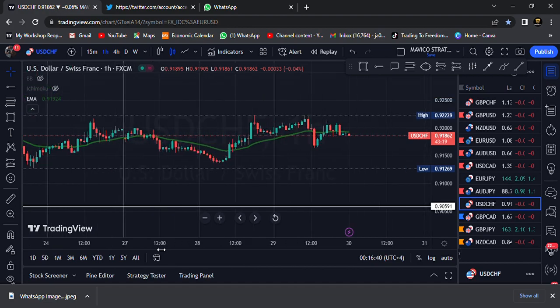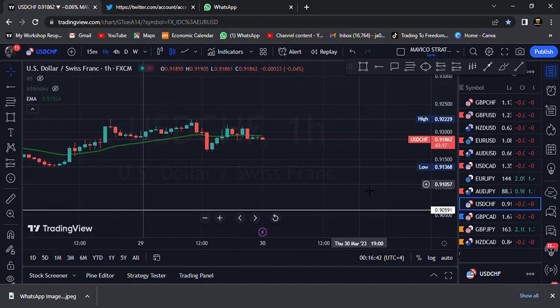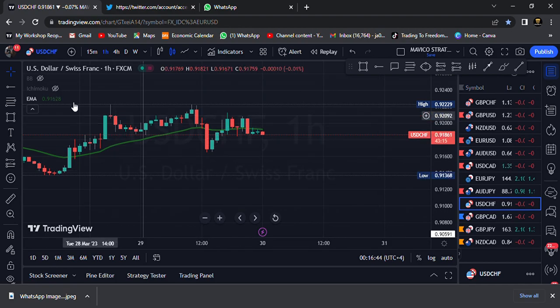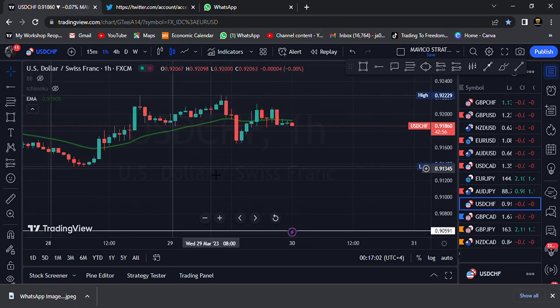So what we can determine from the USD CHF, as you can see, the market for me is very simple. I don't go with all those very complicated terms, order blocks, demand and supply, everything. I don't actually see them, I just see price.